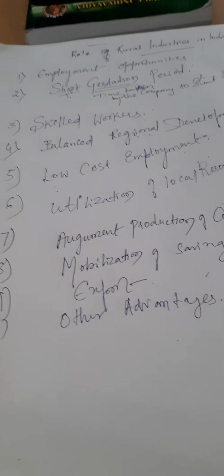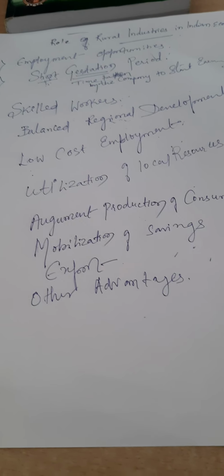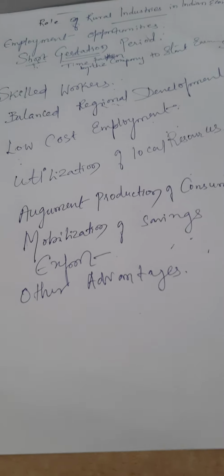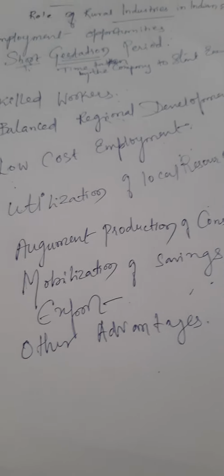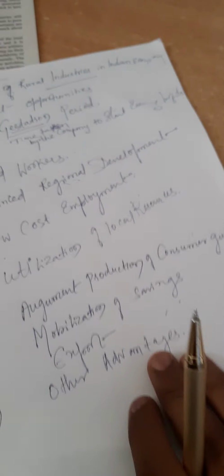In the next sessions, we'll be understanding the disadvantages of rural industries. So these are the 10 points which we covered, the advantages, or you can say the positive roles which rural industries play.